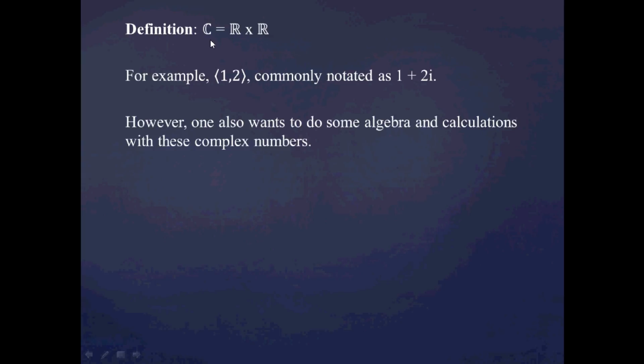So this is no problem from a set theoretic point of view. We're just taking the Cartesian product between the set and itself. So this set certainly exists. There's no problem there. But beyond defining the set, one wants to do some algebra. We want to investigate the algebraic structure of this set, and also we want to be able to do some computations with these complex numbers.